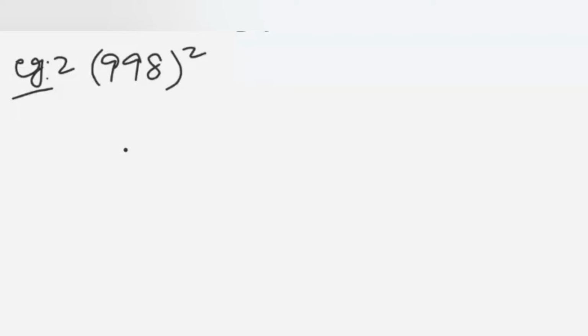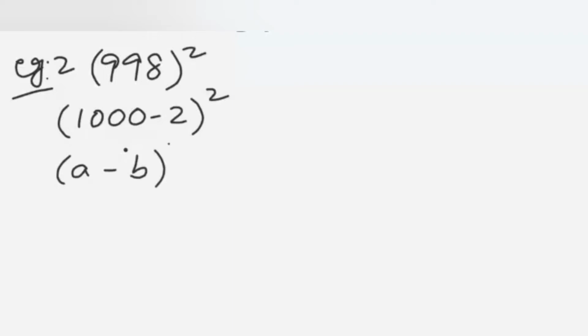How much less than 1000? 2 less than 1000. So you can write this 998 as (1000 minus 2) whole square. Now this is in the form of (a minus b) whole square, where a is 1000 and b is 2.